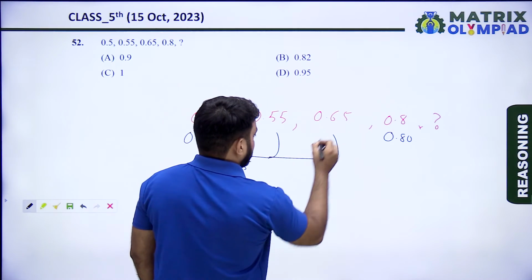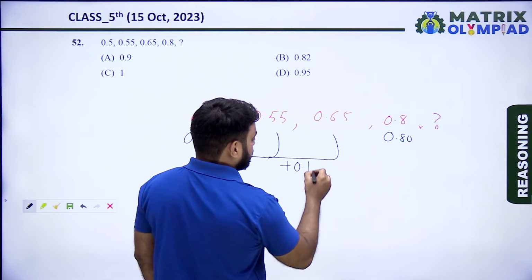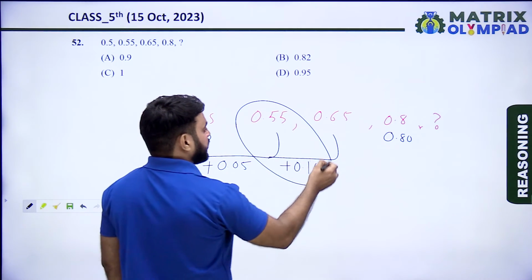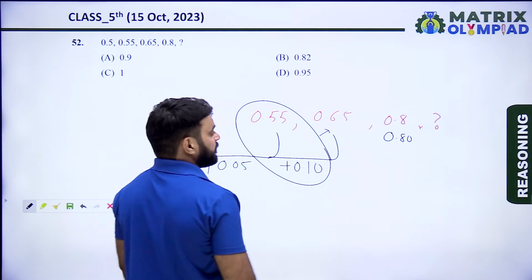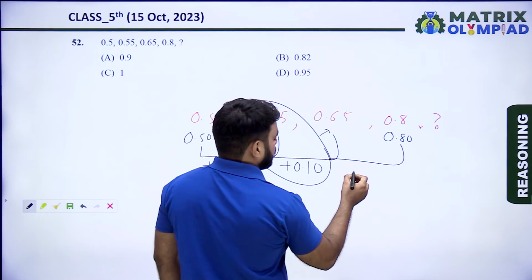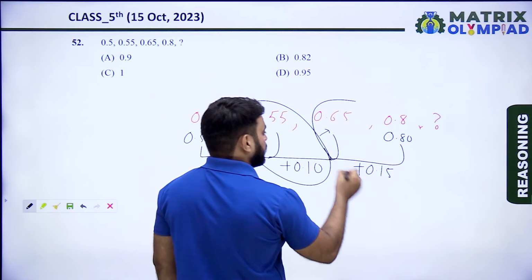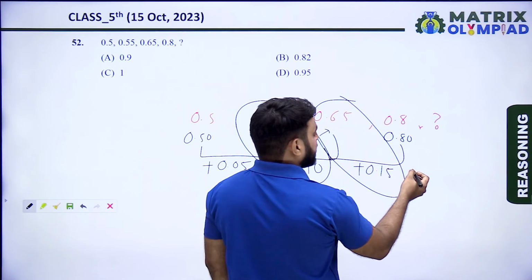Now again adding 0.10, 0.55 plus 0.10 is 0.65. Again 0.65 plus 0.15 is 0.80.